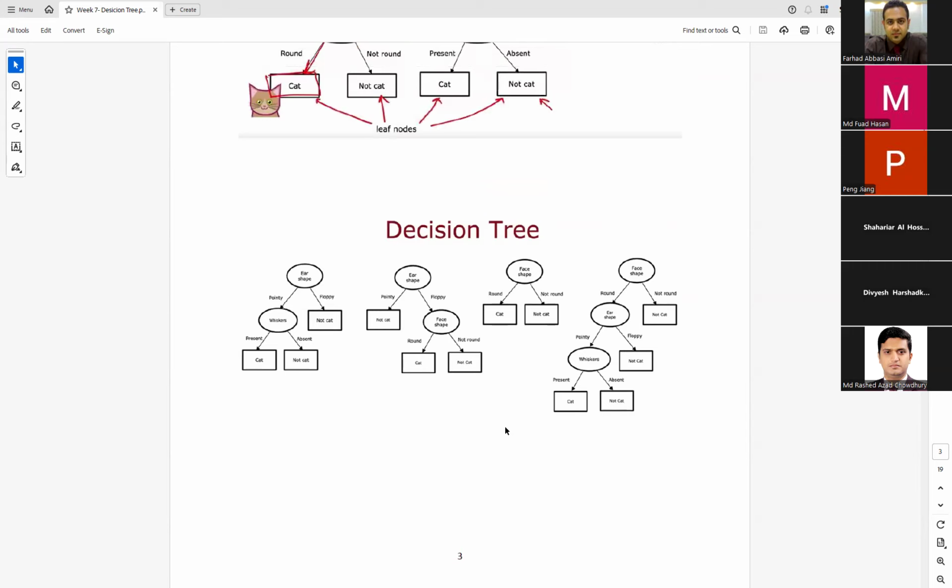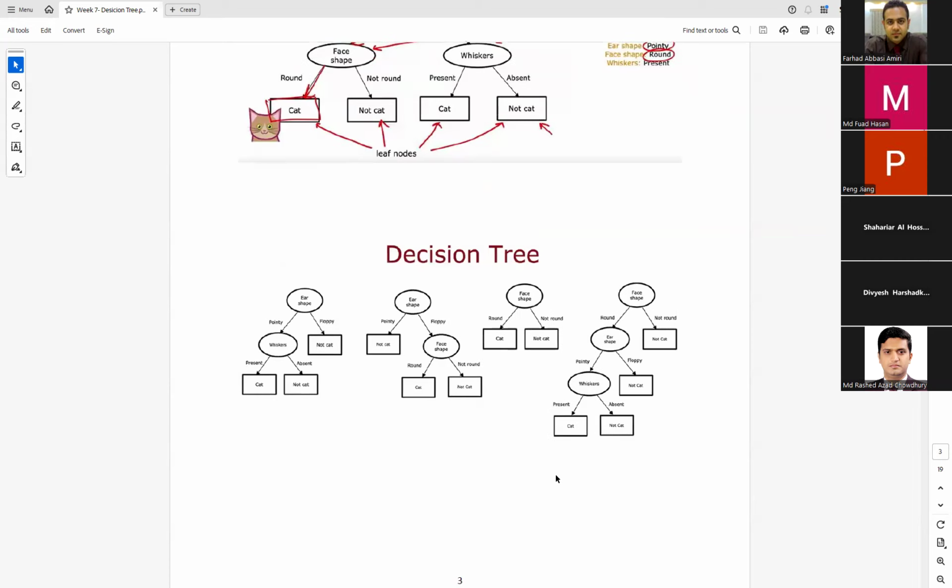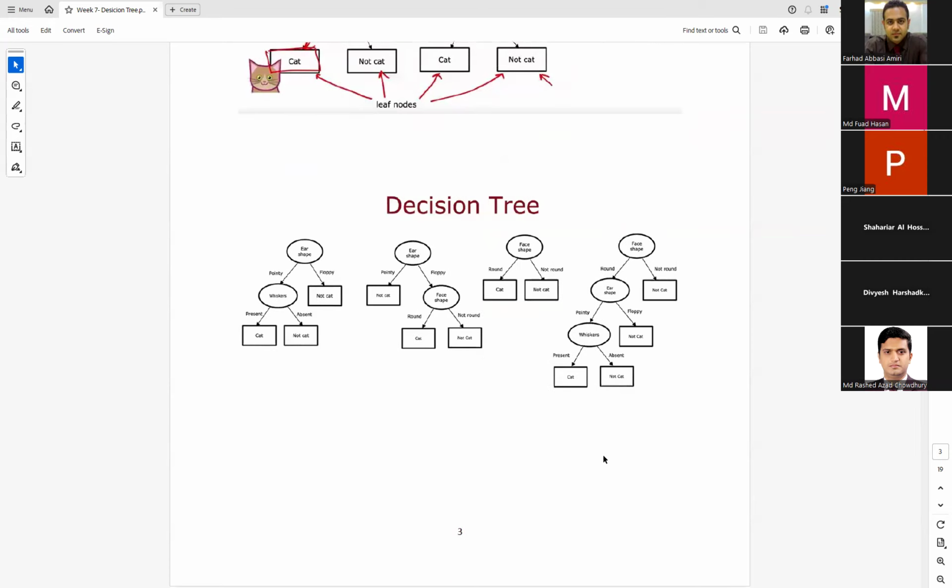But later on, I'm going to show you that we usually get some decision trees, not just one, maybe 4 decision trees like these here. And for example, let's say this decision tree classifies the image as cat or not cat. How about this one? We take a look at the answer of this decision tree, and then this one, and then this one. And then we vote, right?